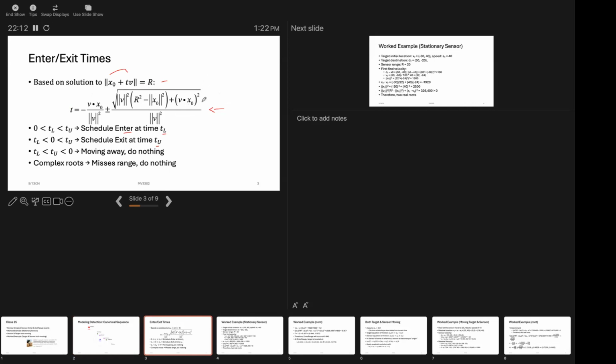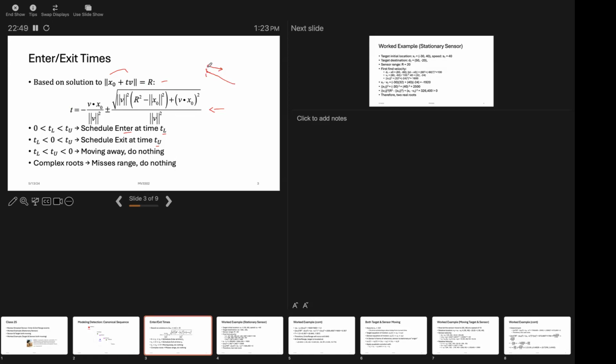There's a nice geometric interpretation of this, which has to do with the fact that the inner product can also be represented as the cosine of the angle between the vectors. If I'm here and roughly headed towards the sensor, then it looks like we have an acute angle, but in fact we have an obtuse angle.